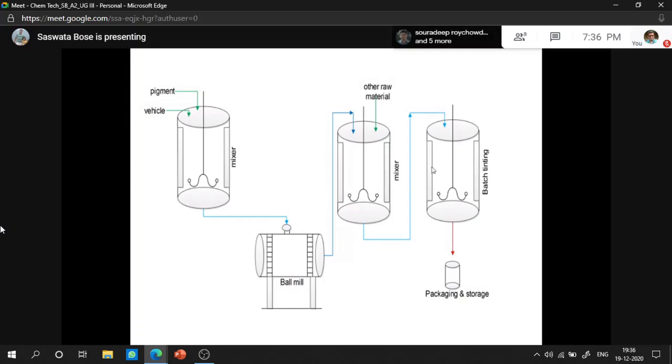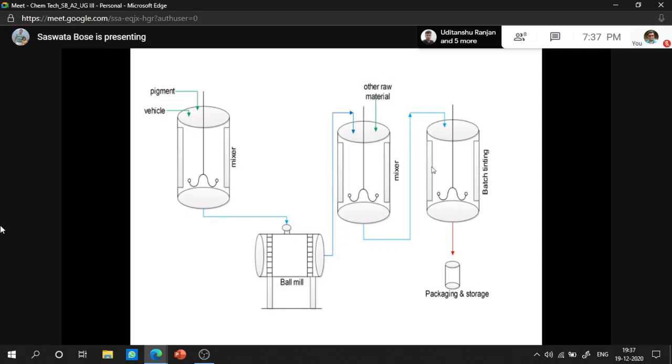Here the speed of rotation can be adjusted generally from 5000 to 1 lakh rpm, depending on the viscosity of the paint you want. If you want a very high viscous paint, the speed of rotation would be lower. If you need a low viscous paint, the speed of rotation will be much higher.